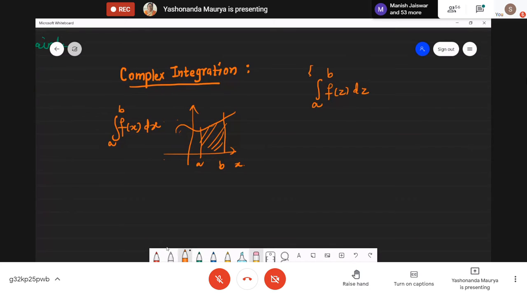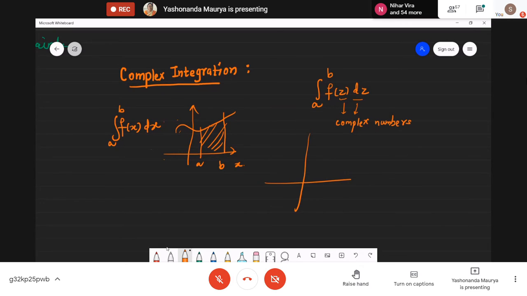Integration from limits. Yeah, so what do we mean by integration from limits? We have a function, and z is also a complex number. It's not just an x sort of thing. It is complex numbers. So we have a function in complex numbers, and now we have to evaluate this integration.